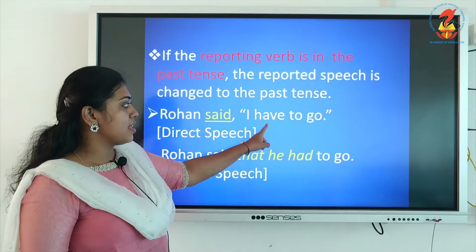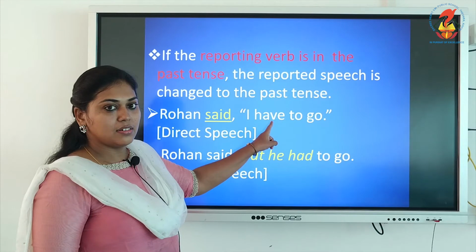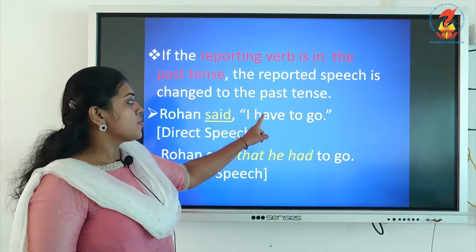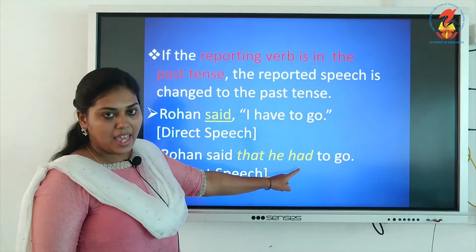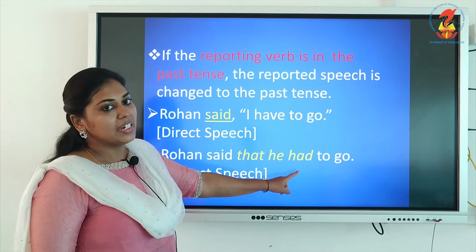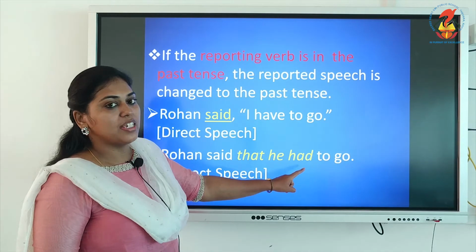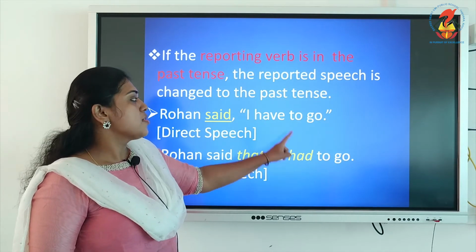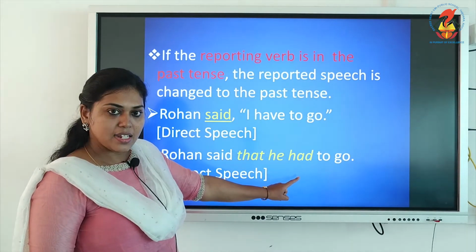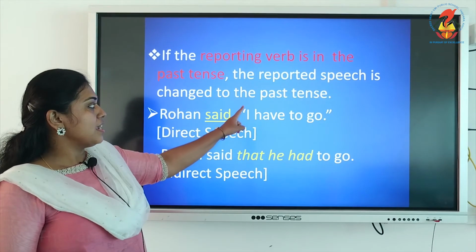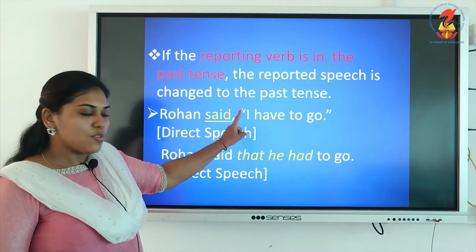See here, what is the tense here? Have is the tense that is used, right? So have will be changed to had. When you change it into indirect speech, if the reporting verb is said, then we have to change the tense form. So have will become had. See here, I is the pronoun used. So what will you do?